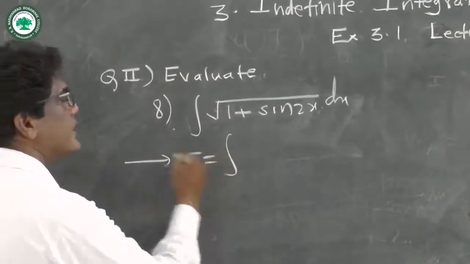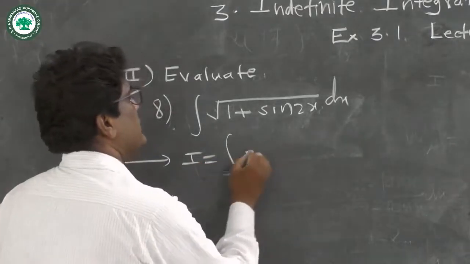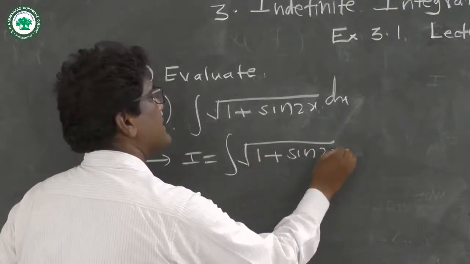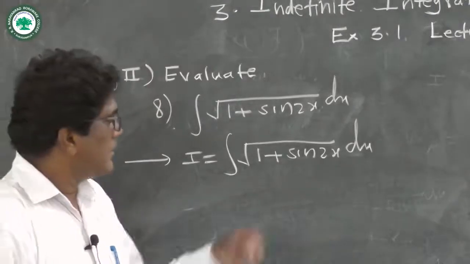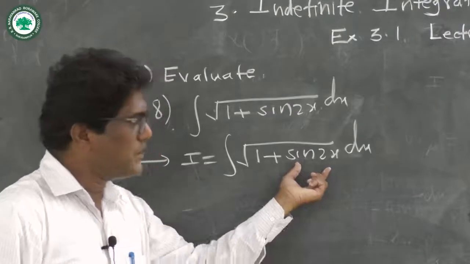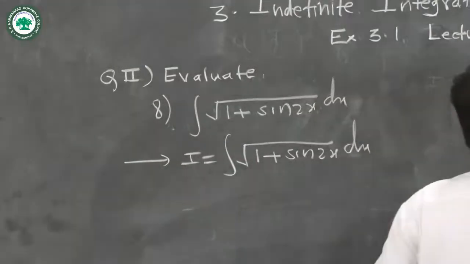So I is equal to integration of, write the problem as it is, root of 1 plus sine 2x dx. Now see here, if we recall the formula of sine of 2x, what is the formula for sine of 2x?